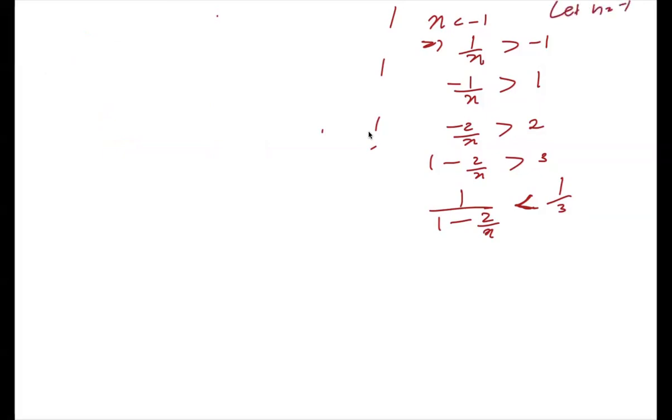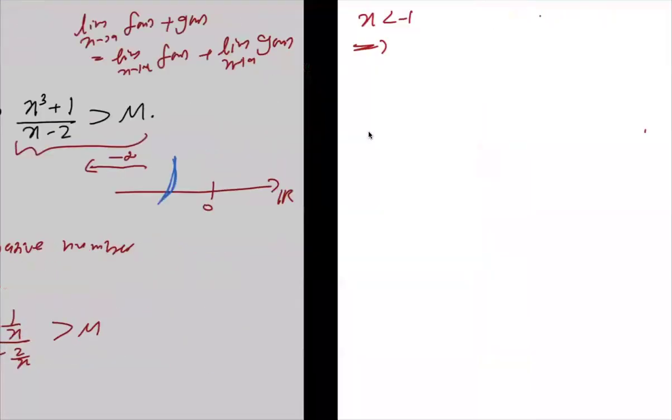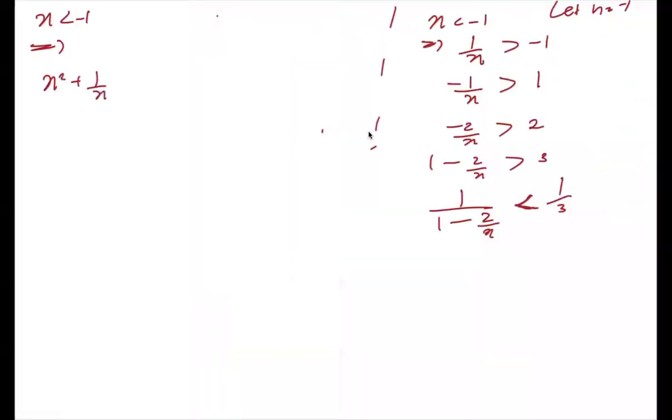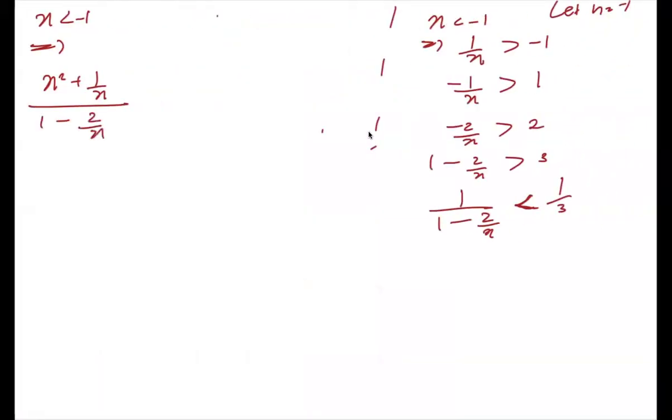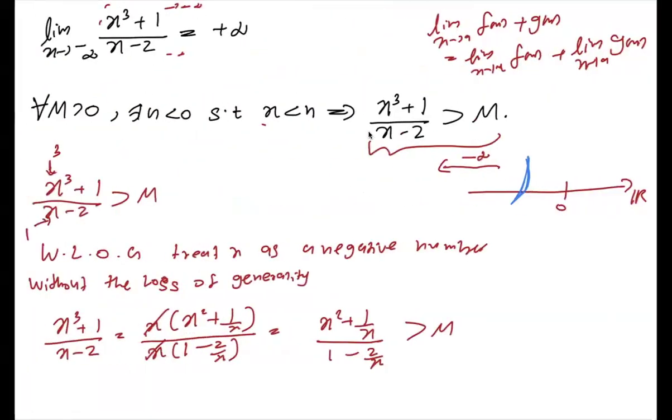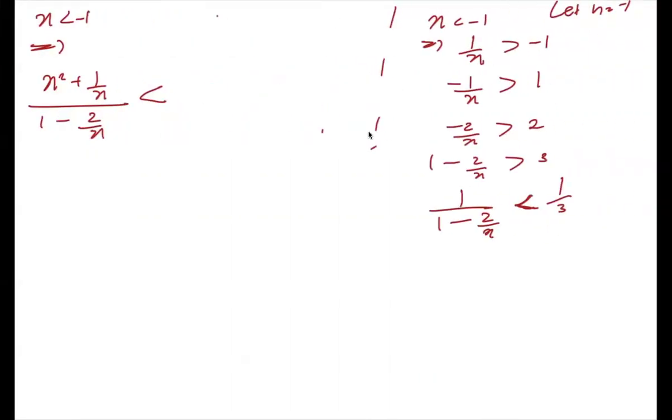So we can write x less than minus 1. This implies x squared plus 1 over x divided by 1 minus 2 over x is less than 1 over 3.